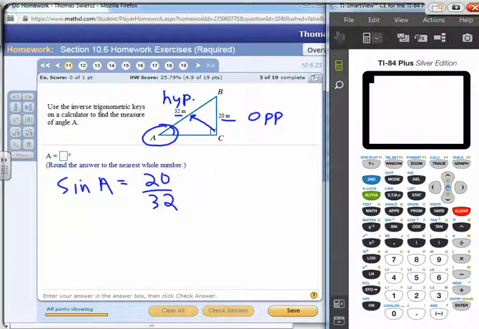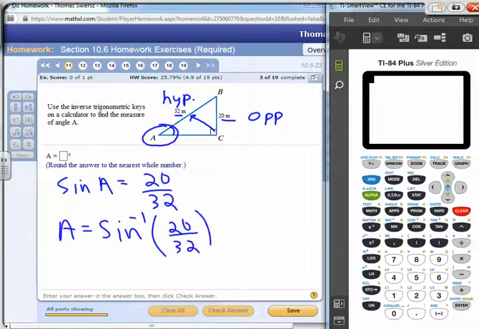So now what you do is you apply the inverse. To solve for A, you do the inverse sine of the quotient or the fraction 20 over 32. You can just do the division sign. So the sine of A equal to 20 over 32 is equivalent to A being the sine inverse of 20 over 32.